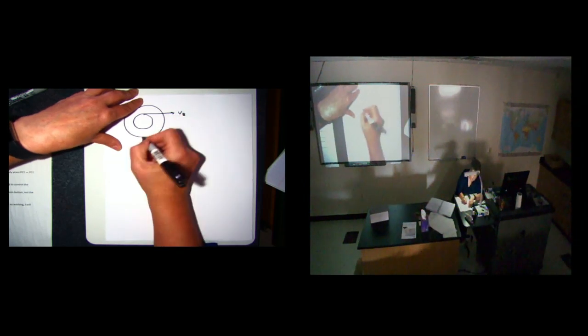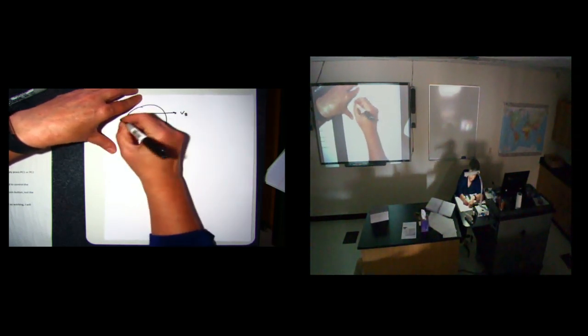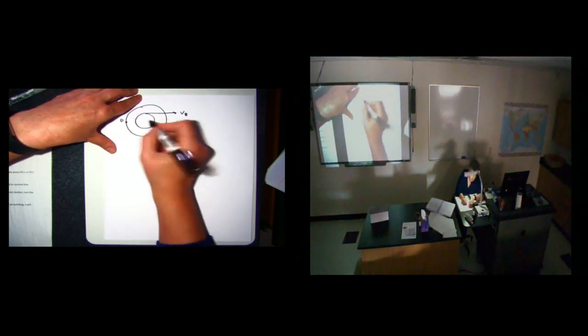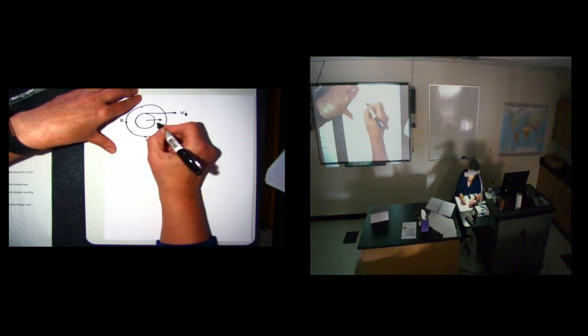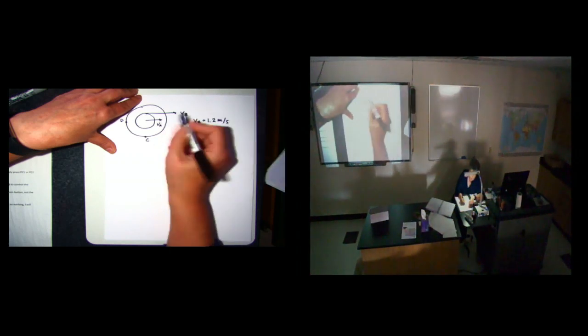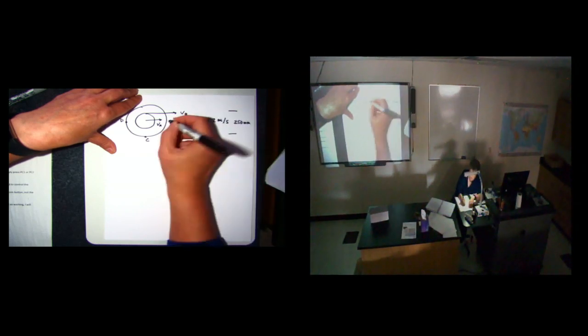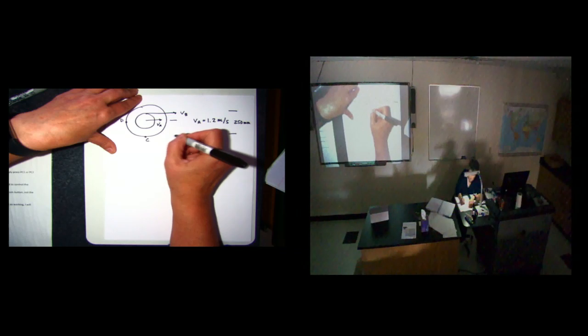For VD, the radius is 0.15 times the square root of 2, times 8, which gives me 1.697 meters per second. So it simplified things dramatically by being able to note that VC was 0.